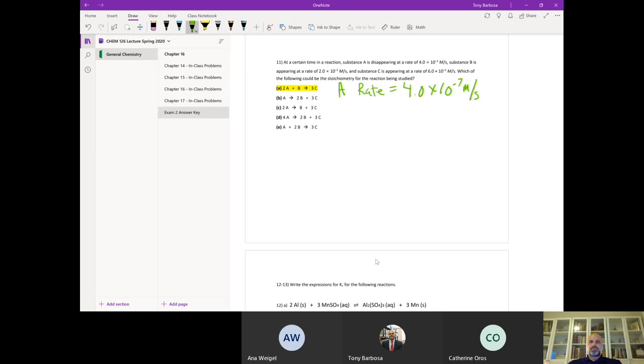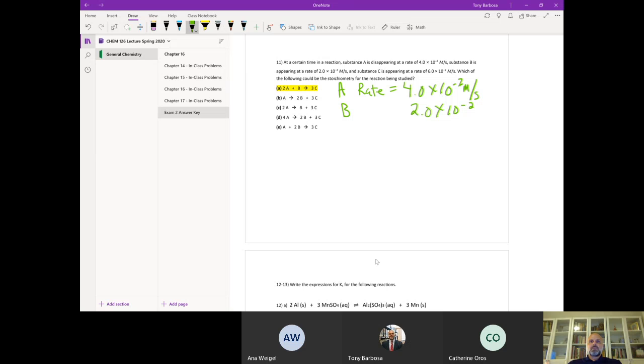Then B was equal to 2.0 times 10 to the minus 2, that's a 2, right?